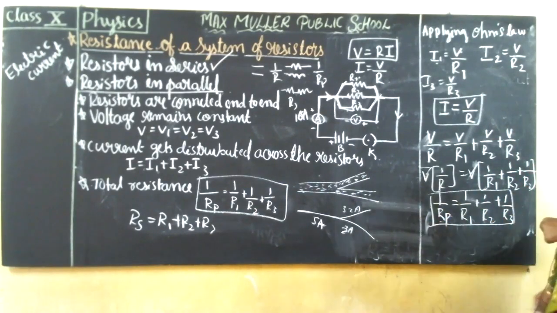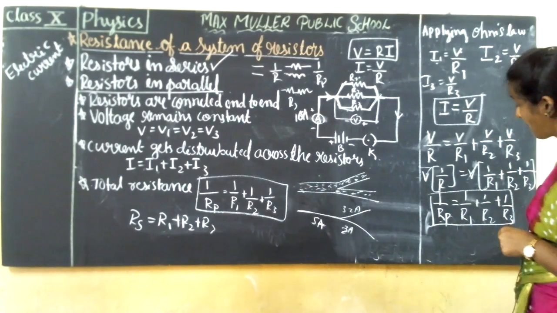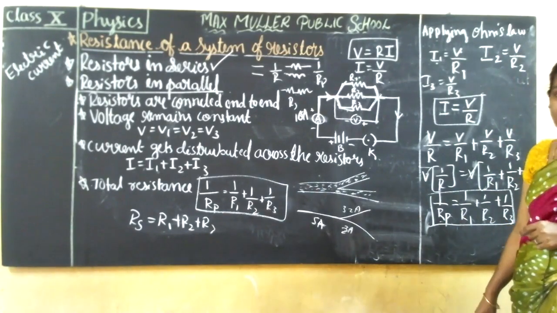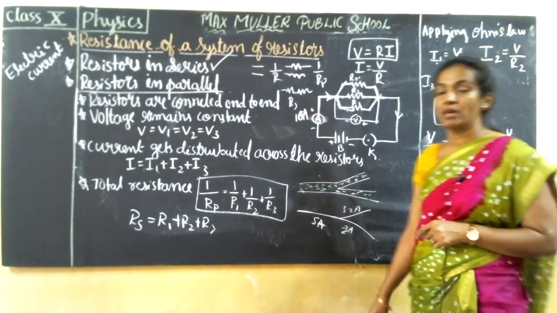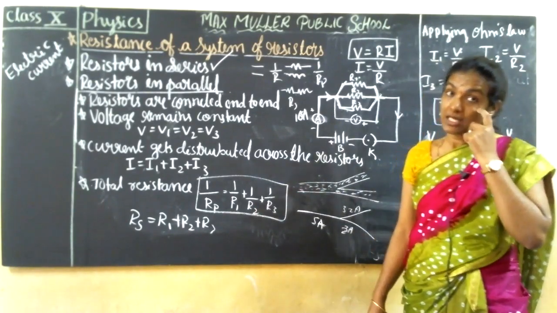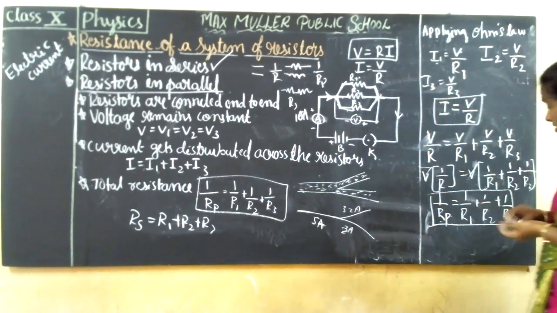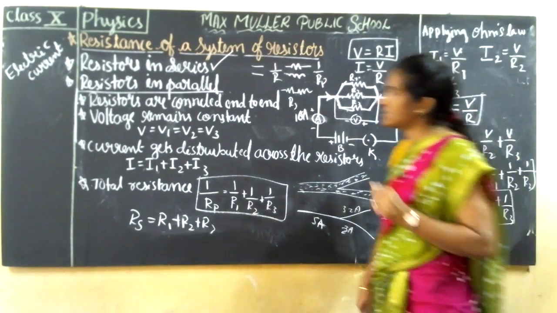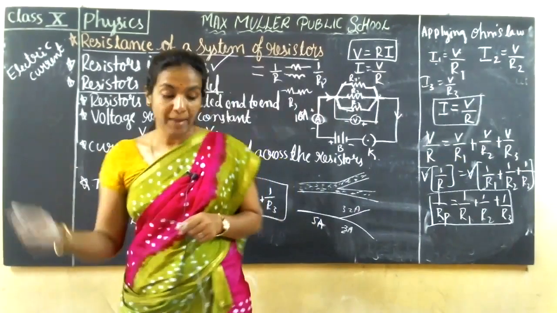The total resistance of resistors connected in parallel is found by adding 1 by R1 plus 1 by R2 plus 1 by R3. This is about resistors in parallel.